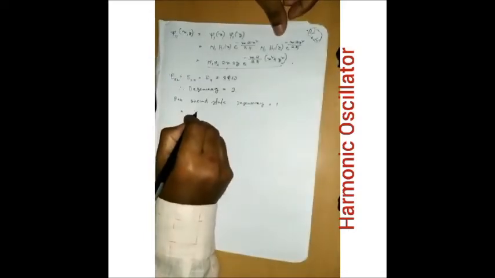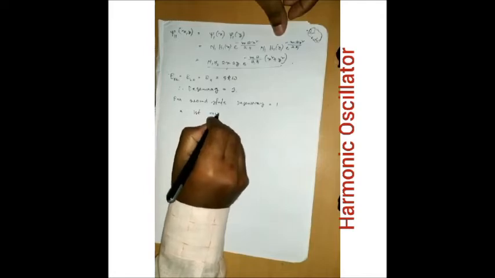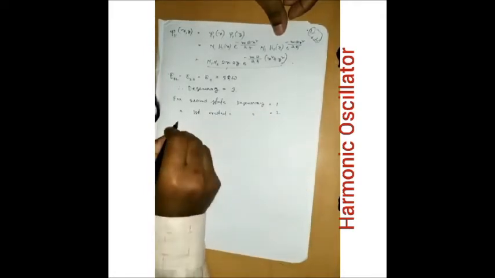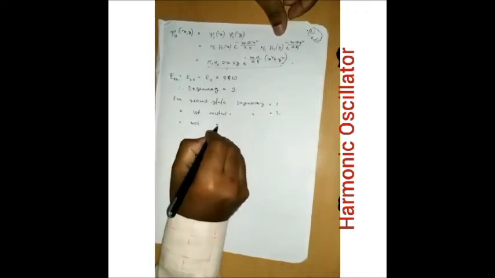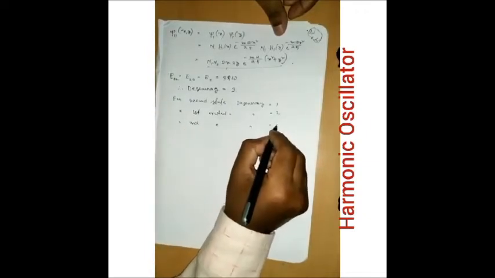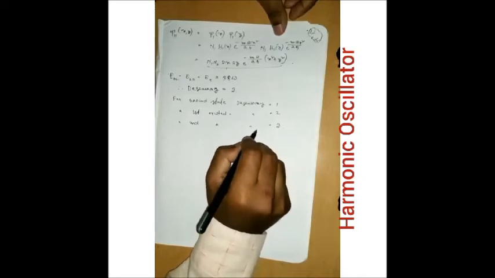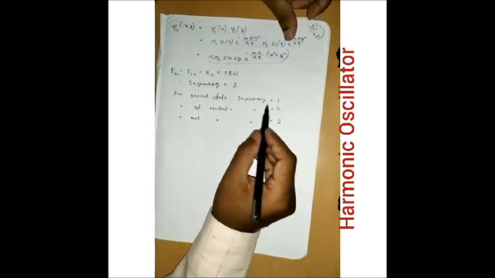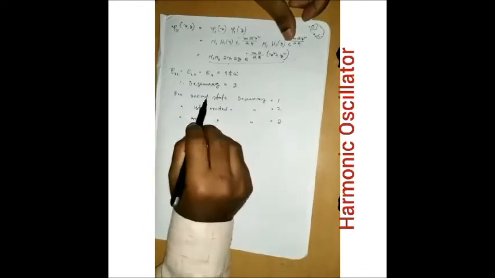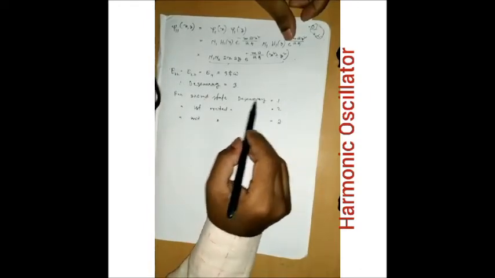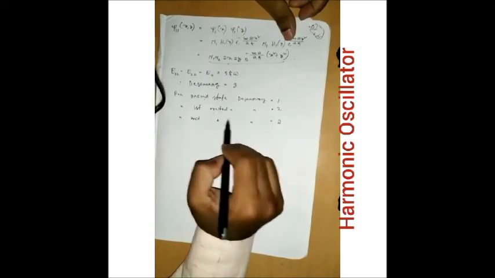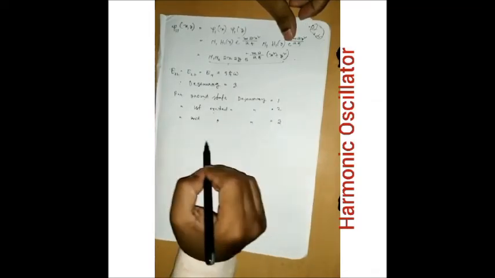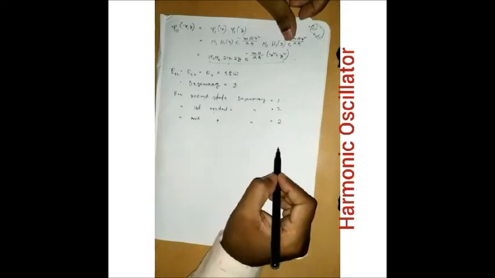For the first excited state, degeneracy we got 2. For the second excited state, degeneracy we got 3. So can you just see the procedure? For the ground state it is 1, for the first excited state 2, second excited state 3, what will be the third excited state? 4, and the fourth excited state will be 5.